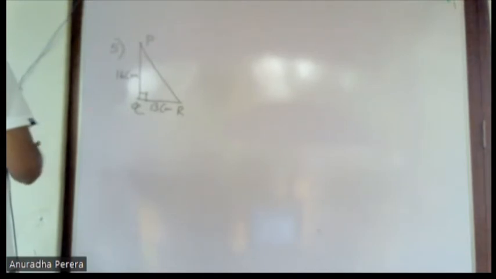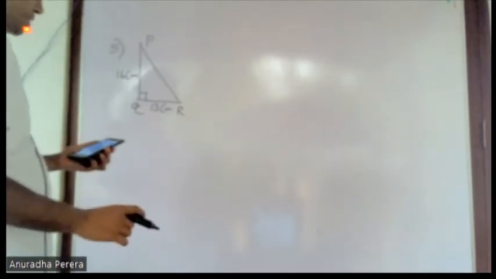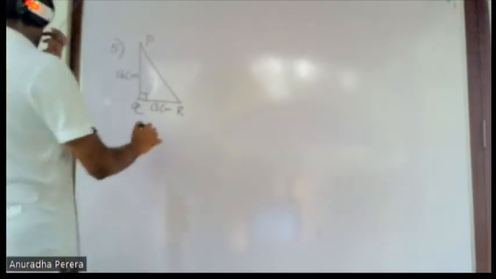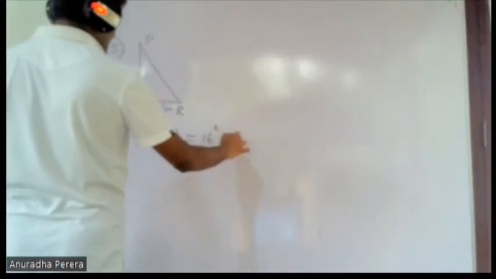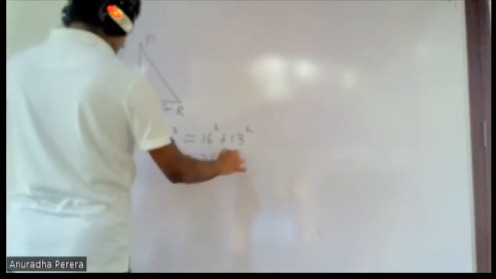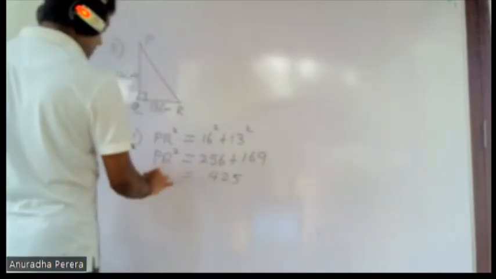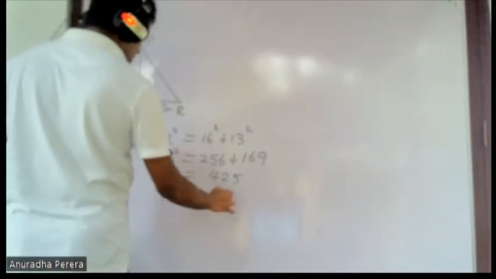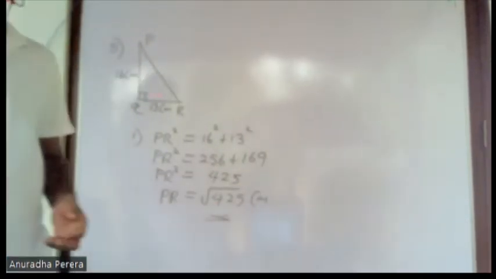PQR is a right angle triangle. Show that the length of PR is the square root of 425. You can apply the Pythagoras relationship. PR squared equals 16 squared plus 13 squared, which is 256 plus 169. PR squared equals 425. When finding PR, take the square root of 425.